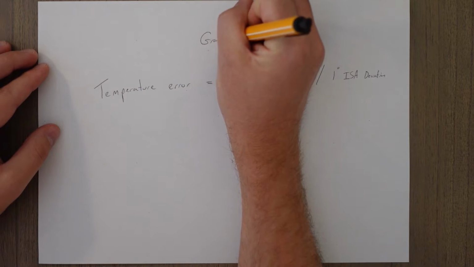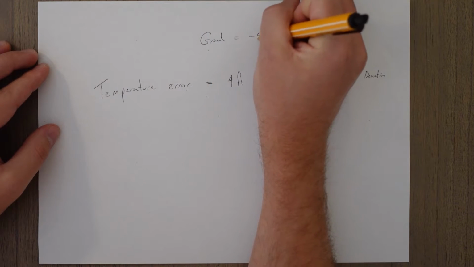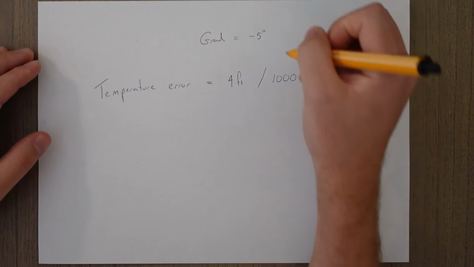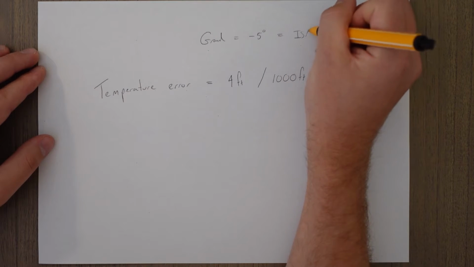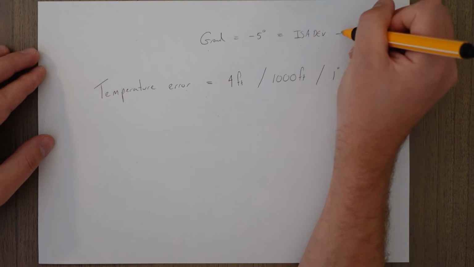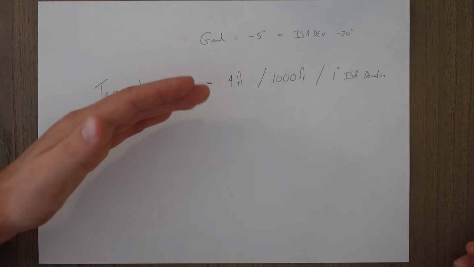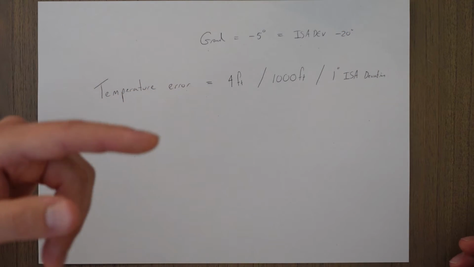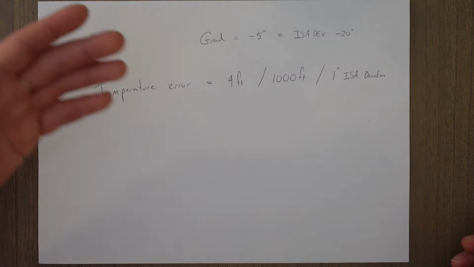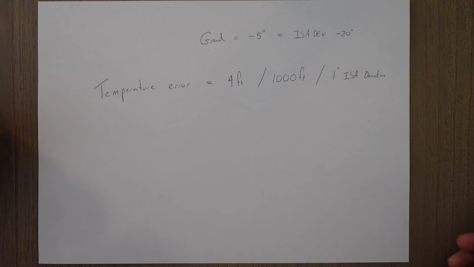So ground is -5 degrees, which means it's an ISA deviation of -20, because normal ISA temperature is 15 degrees, it's -5, that's a -20 degree deviation.